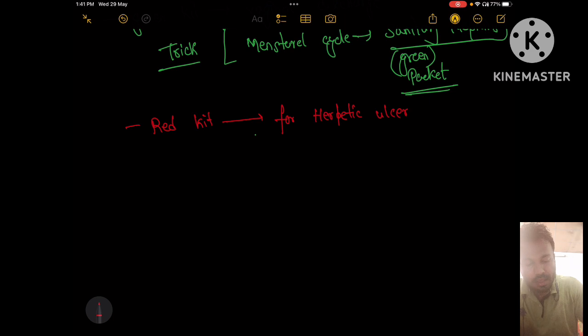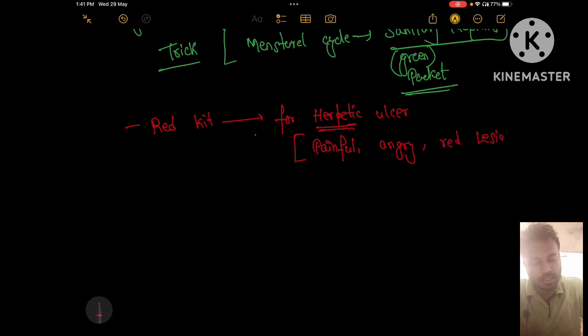Herpes is a painful, angry-looking, angry red lesion. So for herpes, the red kit.